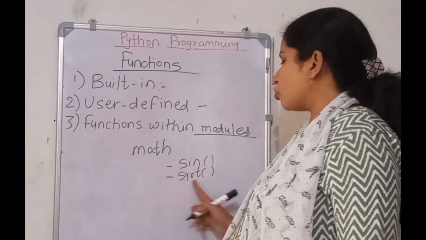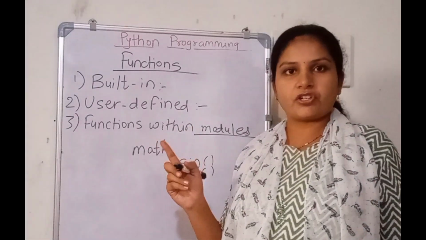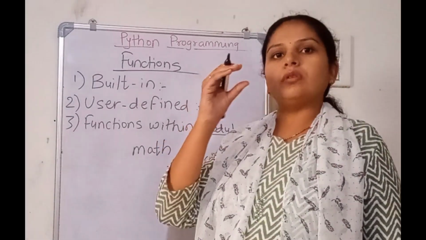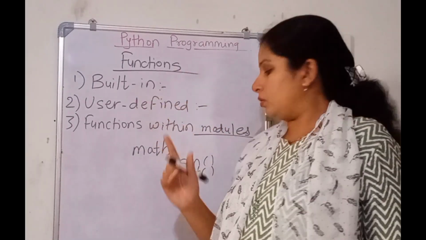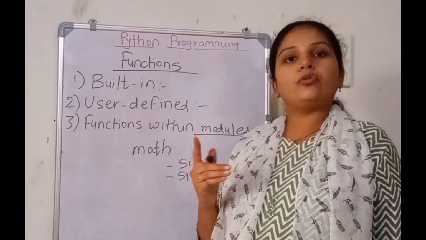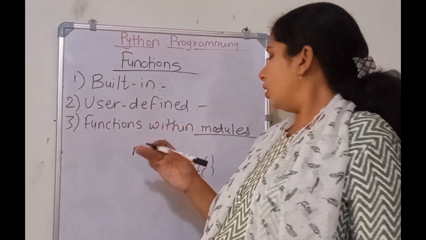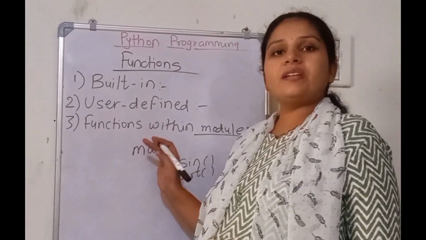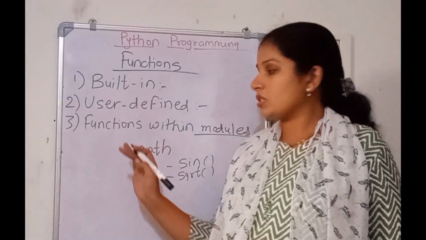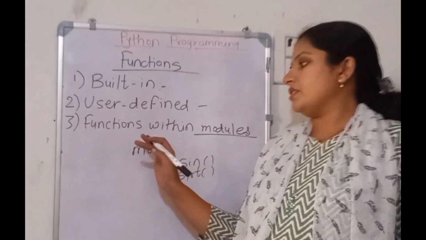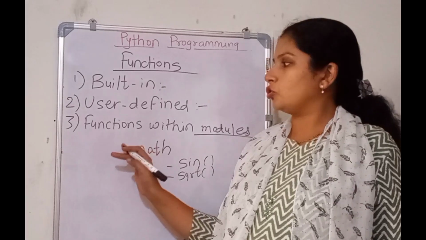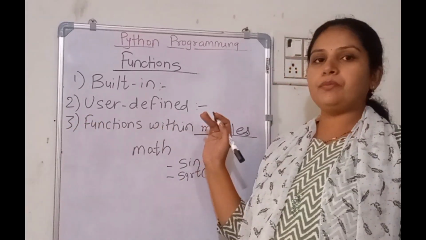So you can just call the sqrt function, and if you give any value inside this, then you can get the square root of that value directly. Whenever you want to perform these mathematical functions, these functions are included in the math module. So these are called functions within modules.